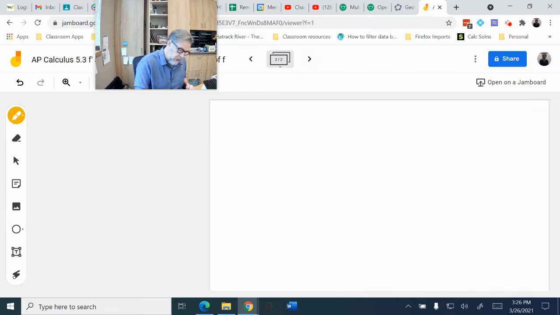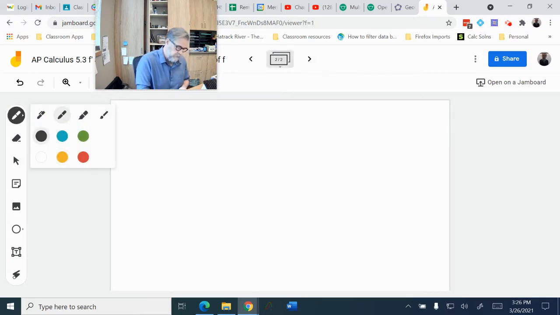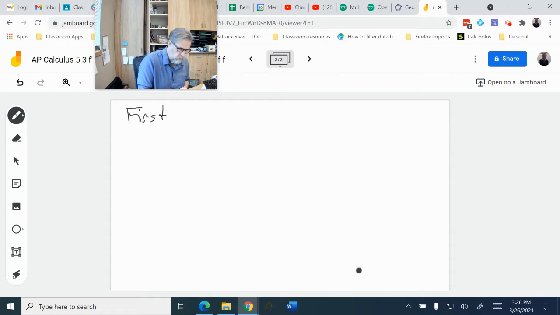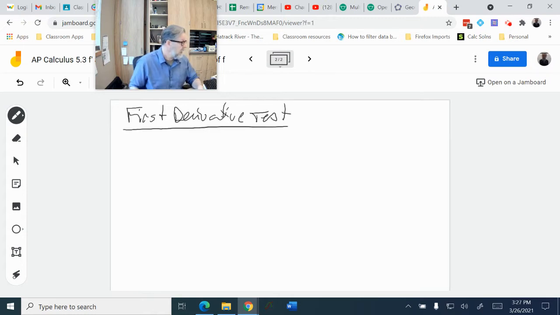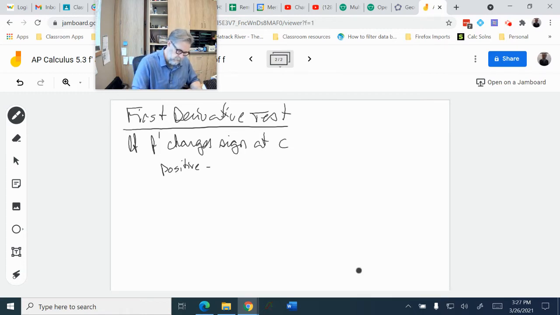So let's start by talking about something called the first derivative test. The first derivative test says that if f prime changes sign at some value of x, we'll call it c, if it goes from positive to negative, then we must have a local maximum there.